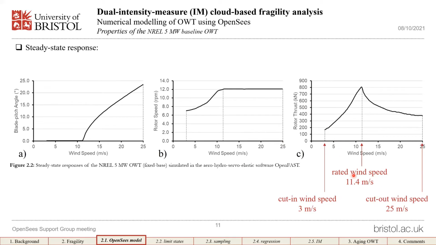There are three key wind speeds that define the boundaries of different stages of behavior of the wind turbine. There's the cut-in wind speed at 3 meters per second, the rated wind speed at 11.4, and the cut-out wind speed at 25. In this range, the turbine will be operational.